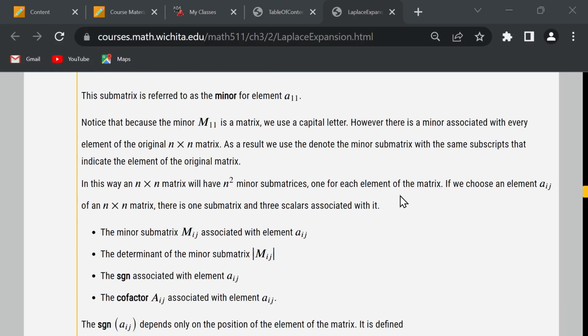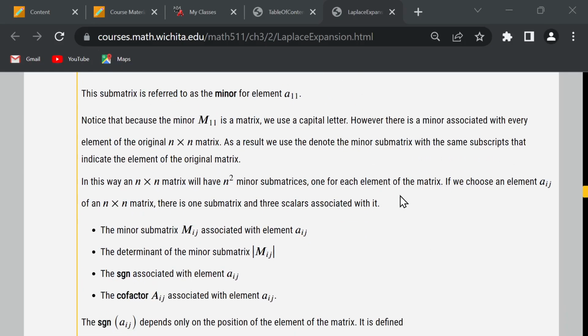Now, that means in an n by n matrix, there are n squared minor submatrices, each one associated with that element of the matrix. So for element Aij, we have minor, capital Mij. And it's an n minus 1 by n minus 1 matrix, so it's square, so it has a determinant. We can calculate the determinant of the minor submatrix.